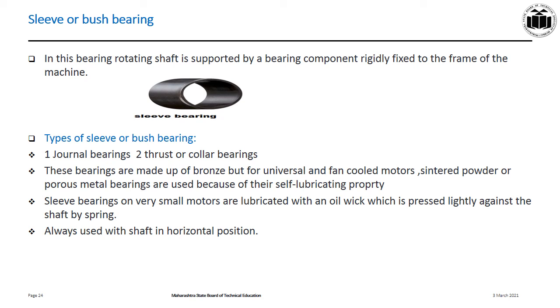These bearings are made of bronze, but for universal and fan-cooled motors, sintered powder or porous metal bearings are used because of their important self-lubricating property. The sleeve bearings on very small motors are lubricated with the help of an oil wick, which is pressed lightly against the shaft by a spring. So they are always used with the shaft in the horizontal position.